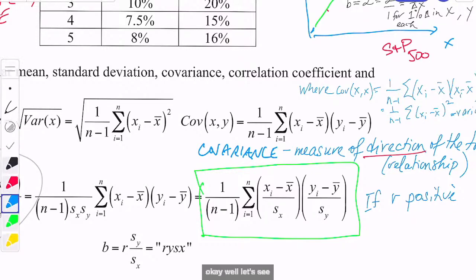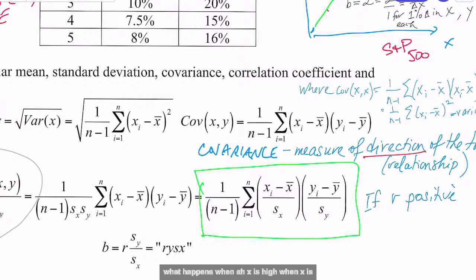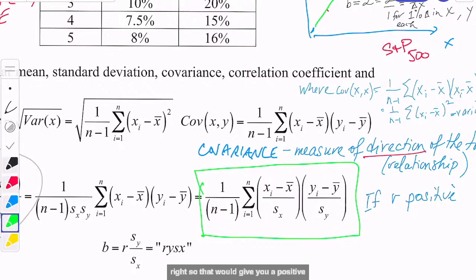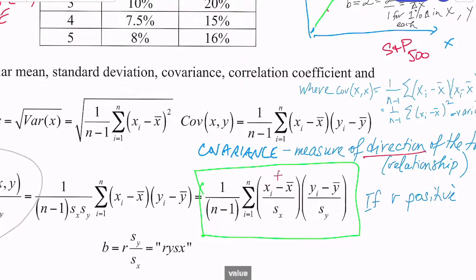Okay, well, let's see. What happens when X is high? When X is high, that means that this value will be higher than the mean, right? So that would give you a positive value.